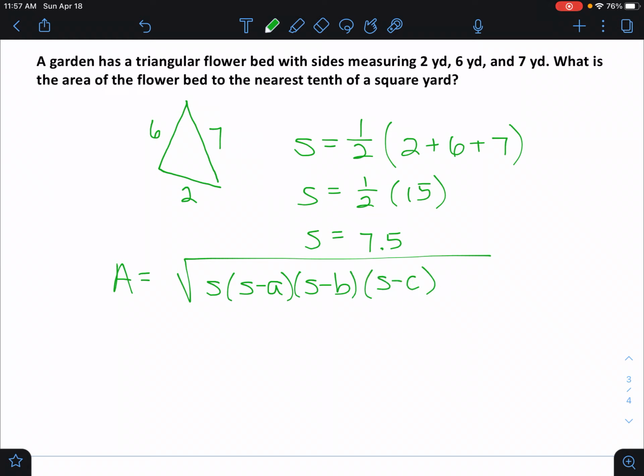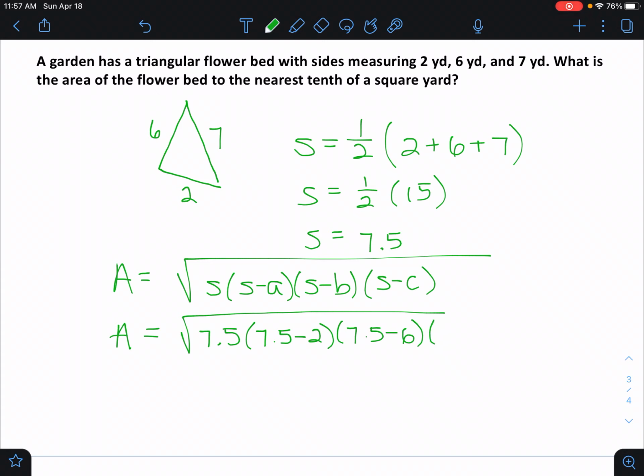Okay, we know what all of these things are. So this would be the square root of 7.5 times 7.5 minus 2, times 7.5 minus 6, times 7.5 minus 7. Now again, it doesn't matter which one you call A, B, and C. I'm just going to go in numerical order, but it doesn't really matter.